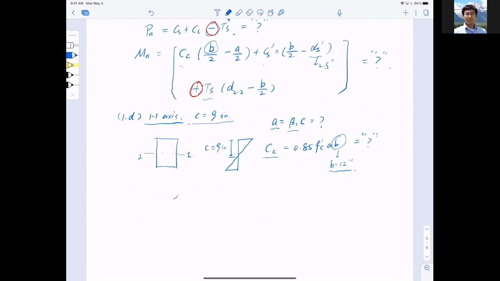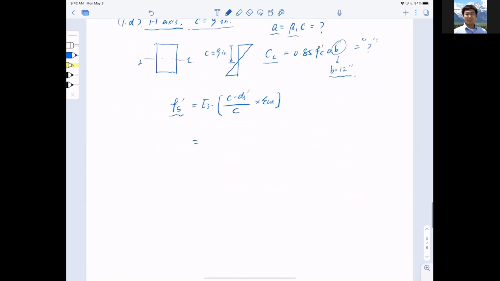Once you have that, the compressive stress in the reinforcement Fs prime would equal to ES multiplied by the strain in compressive reinforcement, and that is C minus ds prime divided by C multiplied by epsilon Cu. So this number here is 29,000 KSI. C is 9 inches, told you from the problem, right? DS prime 2.5 inch, and C again 9 inches, and 0.003 from the concrete compressive failure.